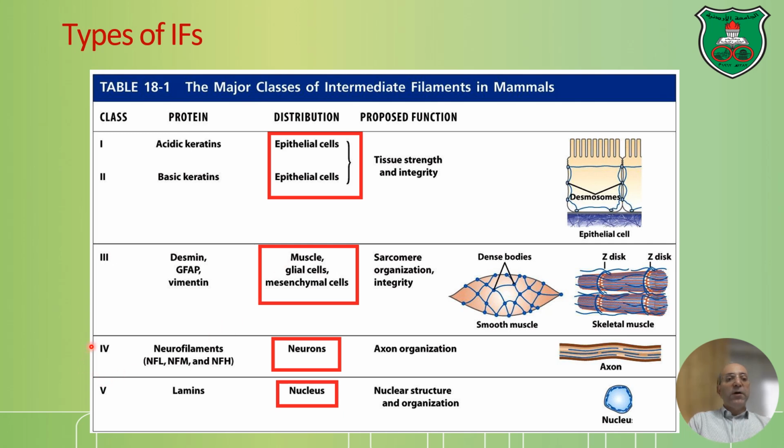We talked about type 4 briefly. We'll talk about it in more detail in the following slides, and these include neurofilaments in nerve cells. Type 5, I'm sorry, type 5 are the lamins, like lamin A and lamin B. They maintain the nuclear structure. They are the nuclear skeleton.